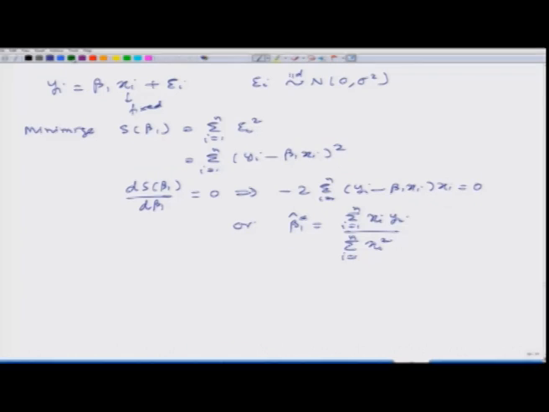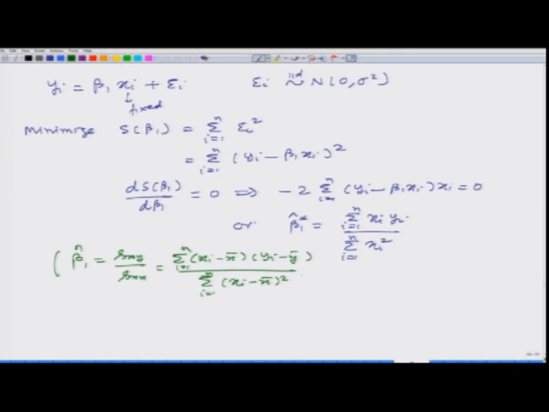For the sake of clarity, beta 1 hat is Sxy upon Sxx, which was the summation of xi minus x bar times yi minus y bar, upon the summation of xi minus x bar whole square. This was obtained in the model yi is equal to beta 0 plus beta 1 xi plus epsilon i, so that there is no confusion between the two symbols of beta 1 hat. So, now what do you observe here?